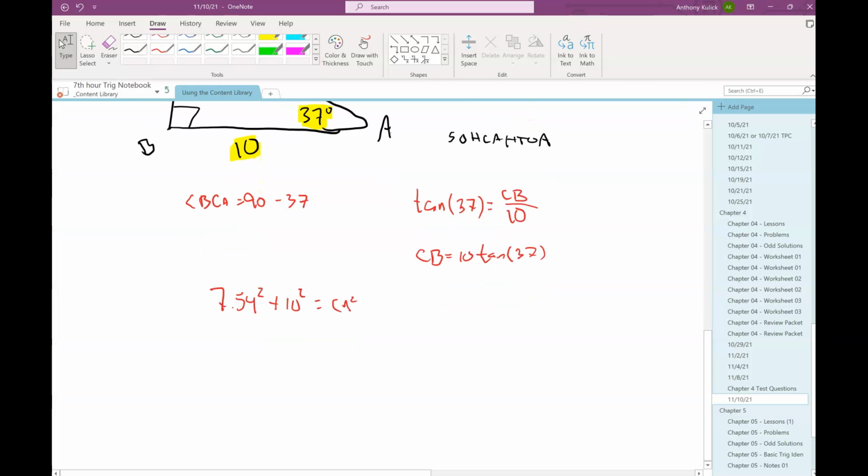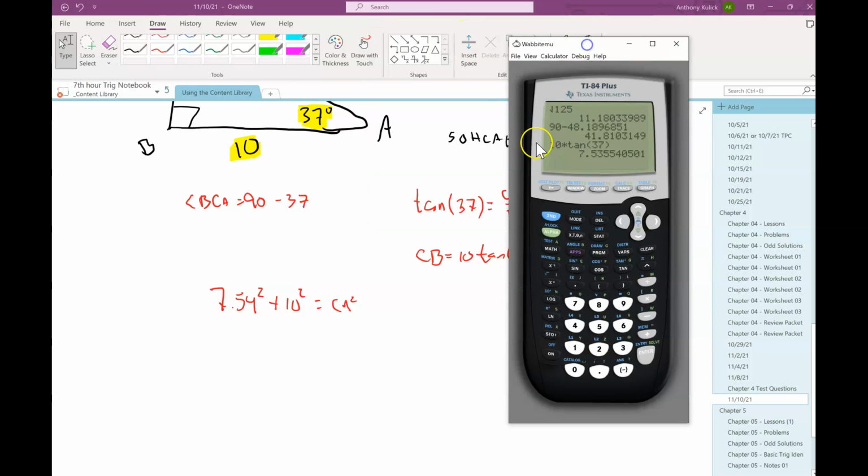Again, making sure the hypotenuse is the c. So I'm just going to be taking the square root of that 7.54 squared plus 10 squared. So I get about 12.52.